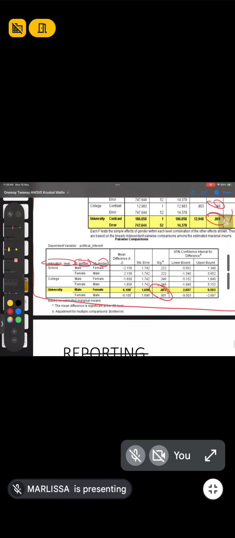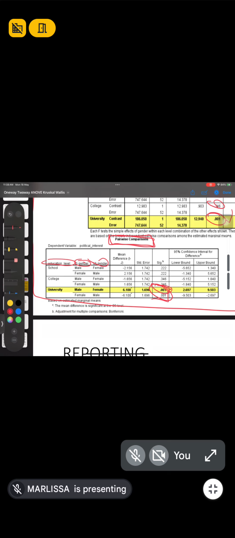This is already in the SPSS when you do the analysis. It is written as pairwise comparison. You can see whether school male and female are significant or not.